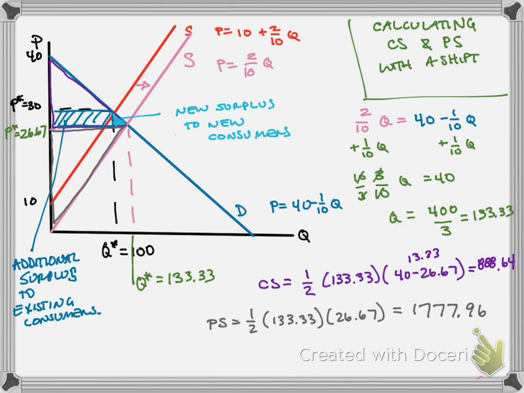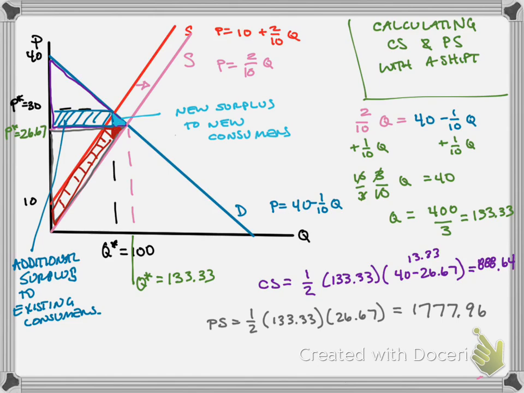And we can calculate that same thing for producers. So if we're to look at producers, this surplus right here is existing producers that get more surplus, and this little triangle right here is new producers that get some surplus.